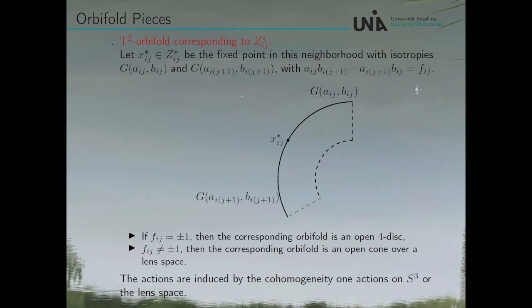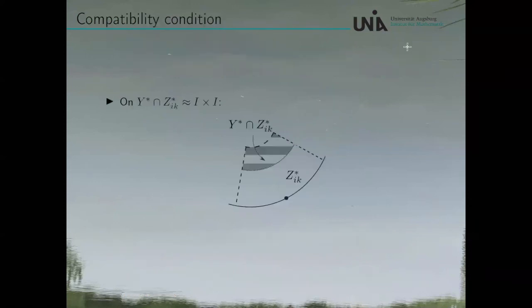Okay, I constructed the orbifolds, now the compatibility condition. So we have y star and one of the neighborhoods around fixed points.